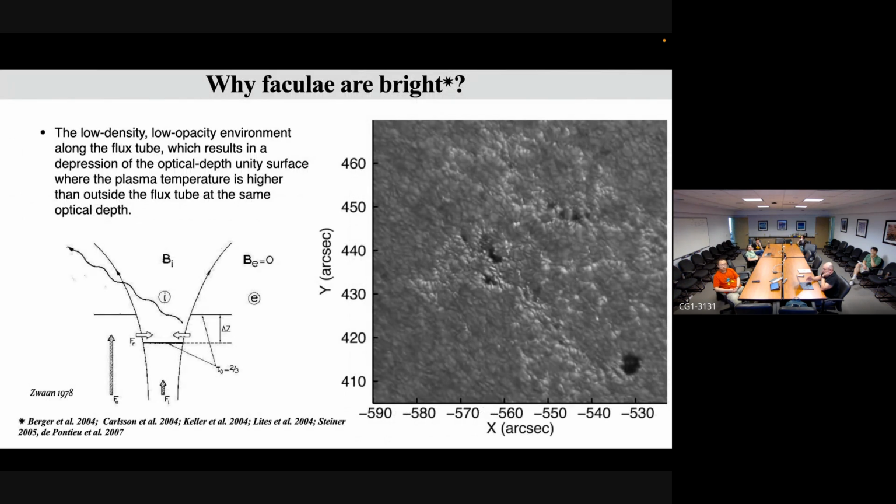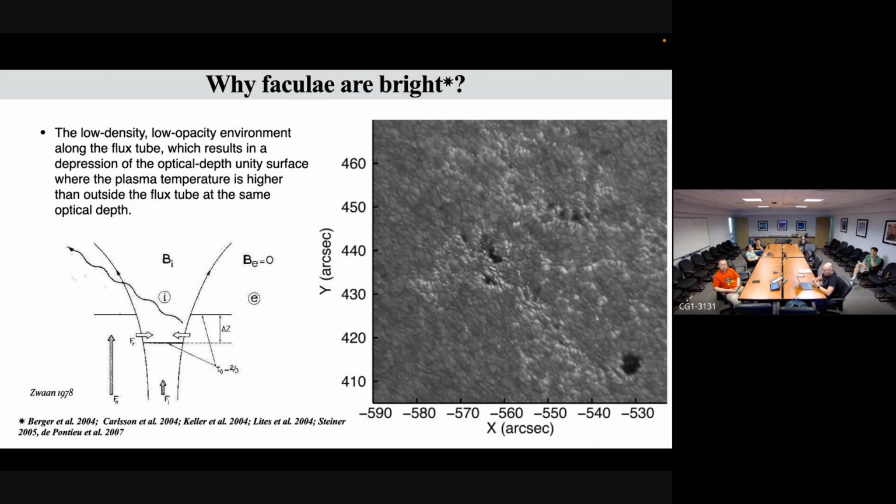Okay, so the first obvious question is why faculae are bright. Now we know that equilibrium and energy balance of the magnetic flux tube in the photosphere creates a low density, low opacity environment along the flux tube, which results in a depression of the optical depth unity surface.